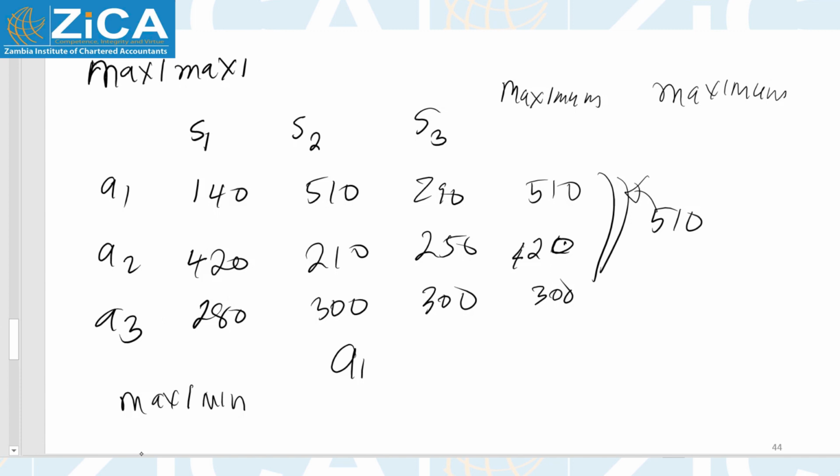And then you pick. Again, you have got A1, A2, A3. You have got minimum 140, 210, 280. Now you are picking the maximum from here. The maximum will be 280. So you are going to go to A3 as your action.